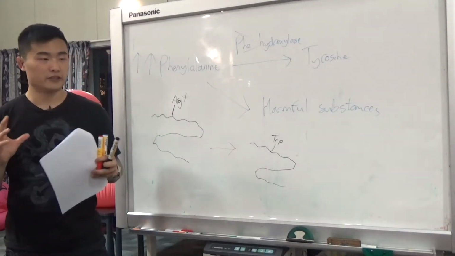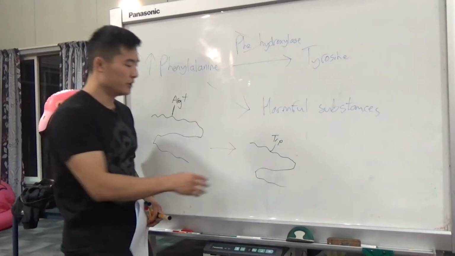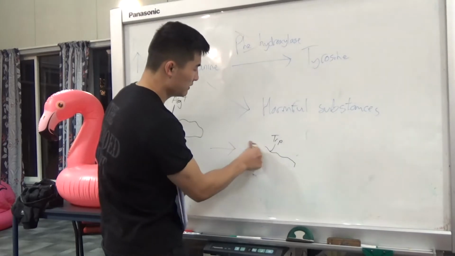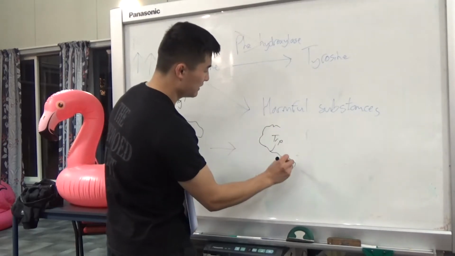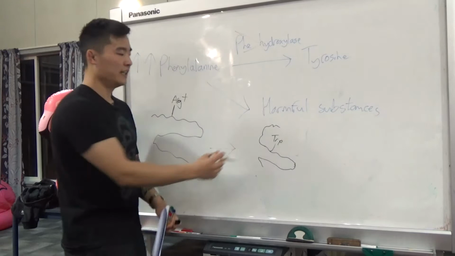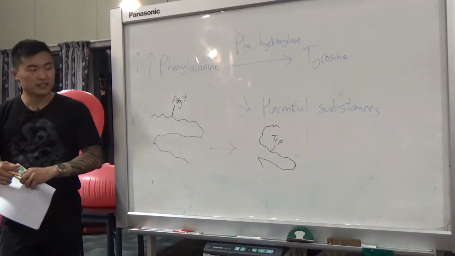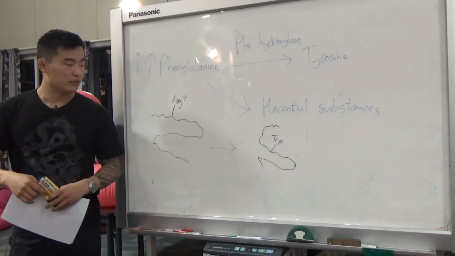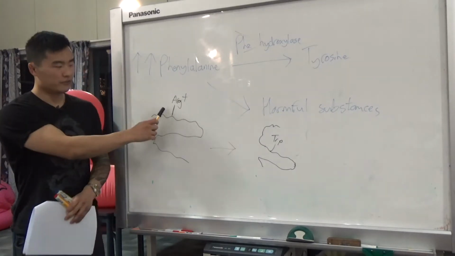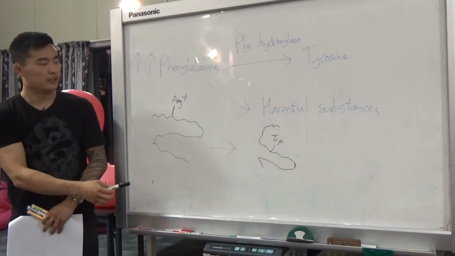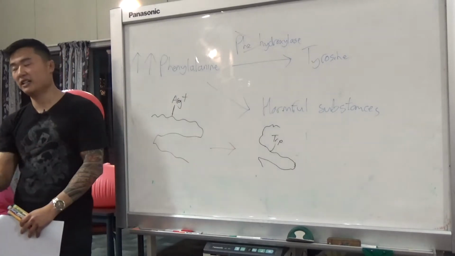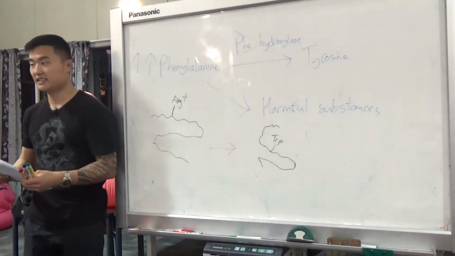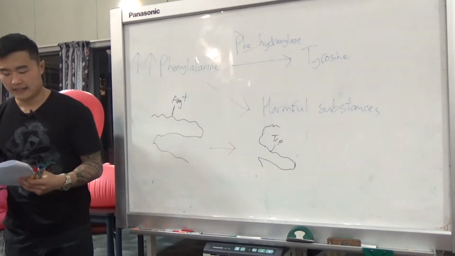So it's going to have different folding. For example, it might look like this to try and get away from that aqueous environment. We know that it goes from arginine to tryptophan, but this is just an example of how the folding might change. This is not exactly how the folding changes. Okay, so this is just an example.